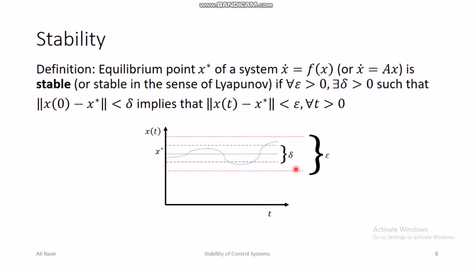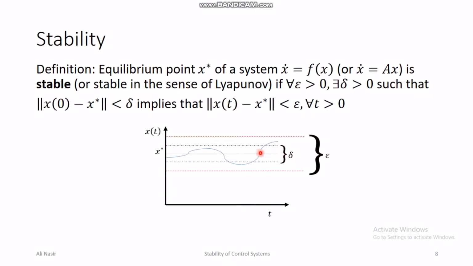So stability requires that there should exist a corresponding delta neighborhood, so that if you start within the delta neighborhood, your trajectory stays within the epsilon neighborhood. So this is the epsilon neighborhood of the equilibrium point, and this is the delta neighborhood of the equilibrium point.